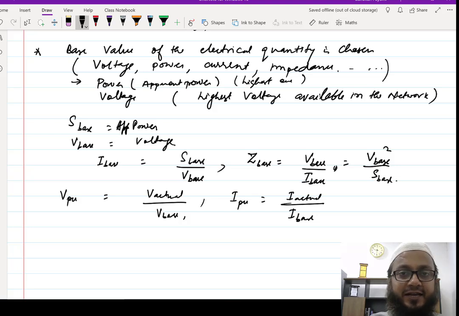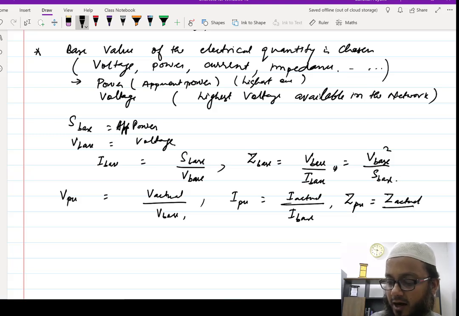So it does not have any unit. That's why we call it a per unit quantity. Similarly, Z per unit would be Z actual upon Z base. Now we'll take up an example and solve it based on this per unit system, and this will clarify more of our doubts as well.